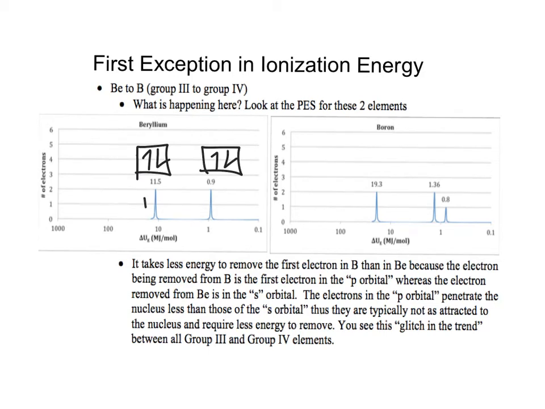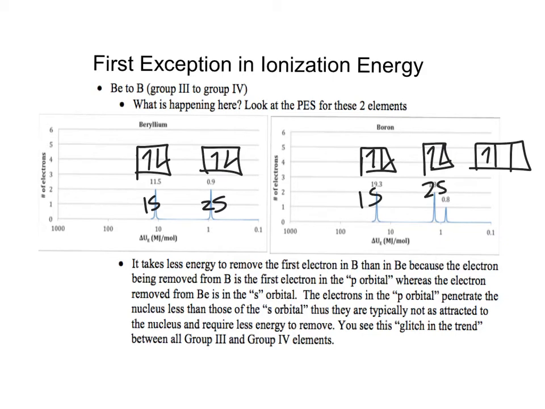If I'm looking at boron, I'm comparing a 1s2, 2s2, 2p1, right? So we are actually comparing the last electron in these. That's what we're looking at.